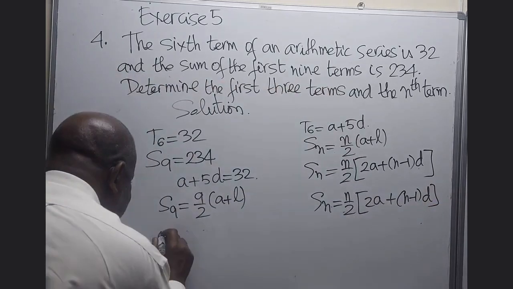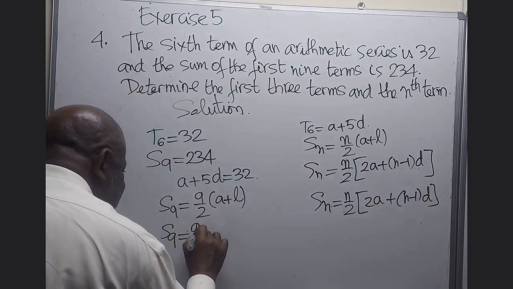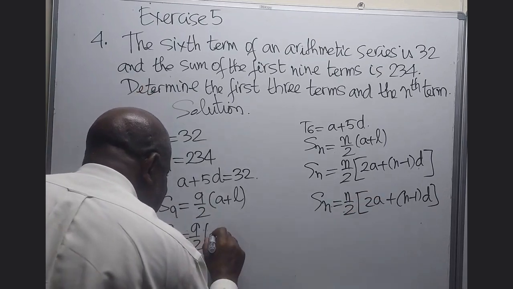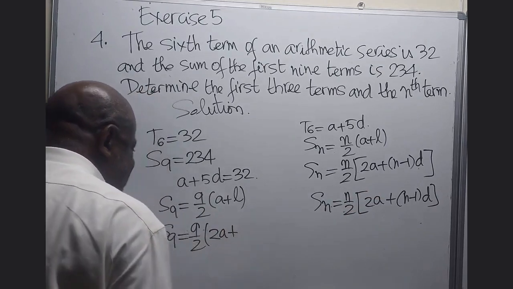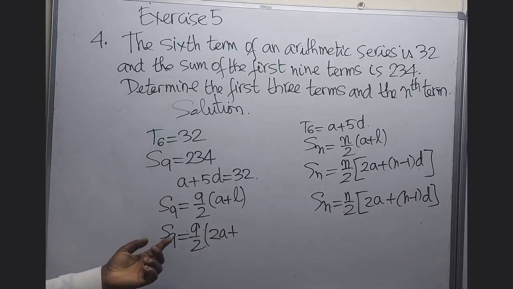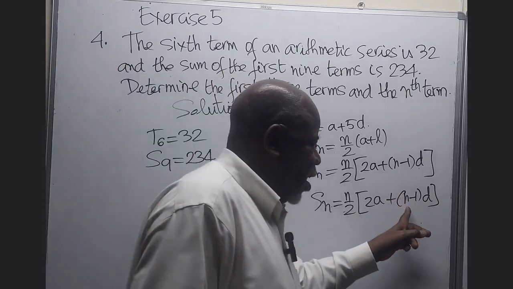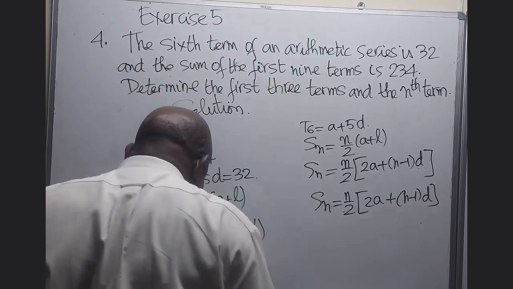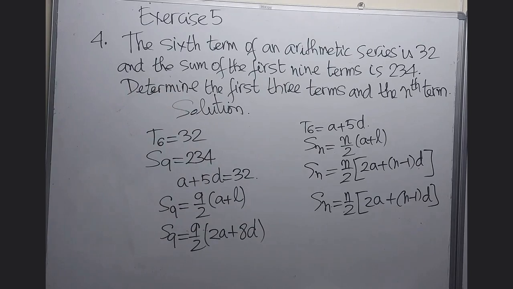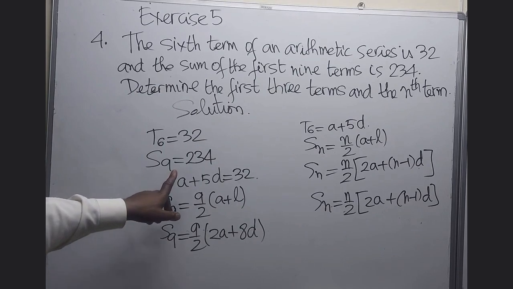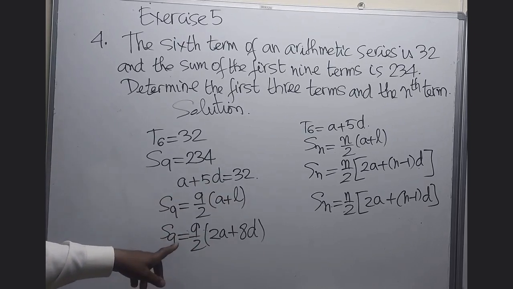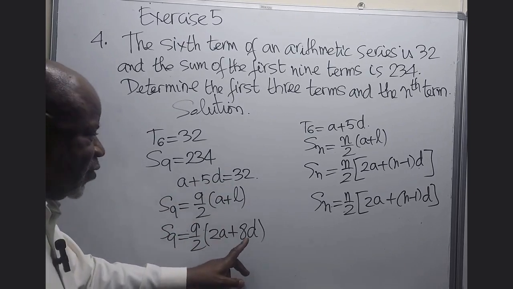If I come back here, S9 will be equal to 9 over 2, and if I take this, it will be 2a plus, our n is 9, 9 minus 1 is 8, and then we're going to have 8d. With this, I'm having a plus 5d is equal to 32, and the S9 is 9 over 2, 2a plus 8d.